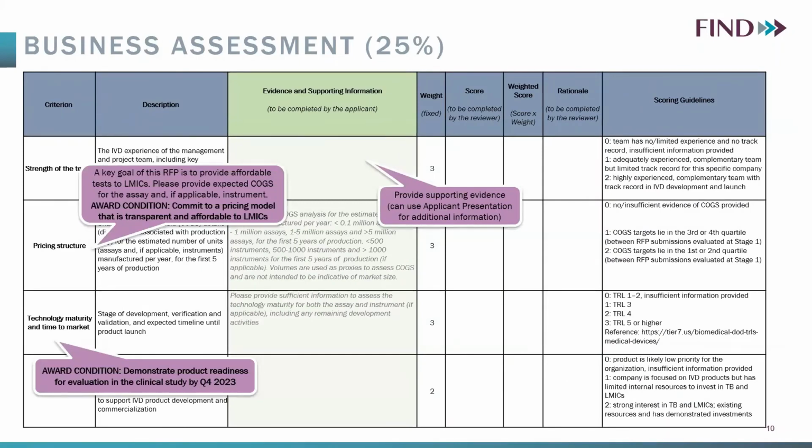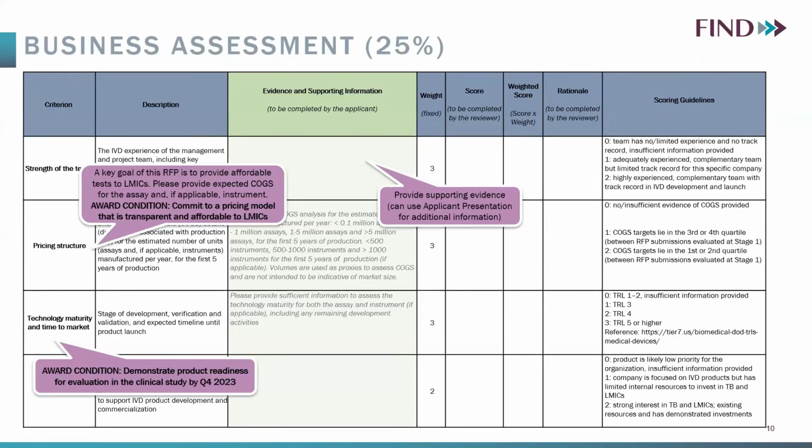The business assessment also counts for 25% of the overall score. Here, there's only one column to be completed. The column evidence and supporting information is where the answer for all of the specifications can be included. And again, additional information can be included in the applicant presentation.